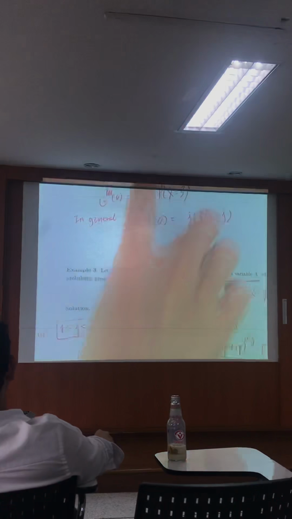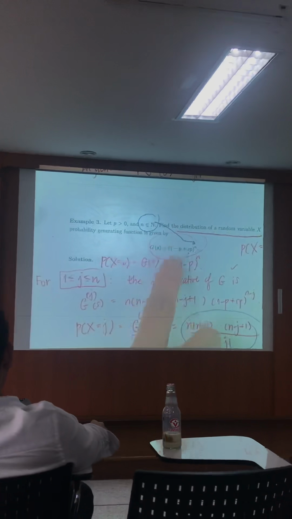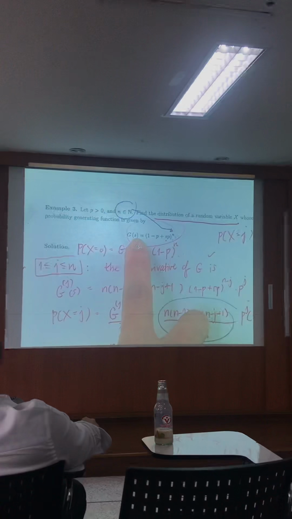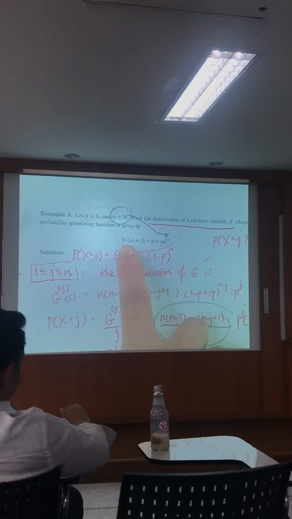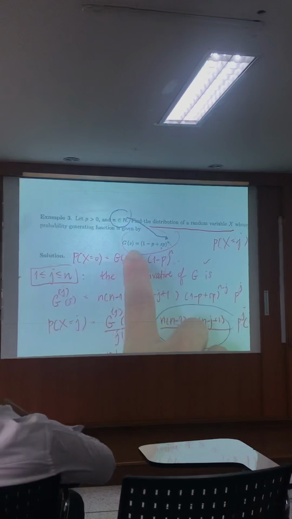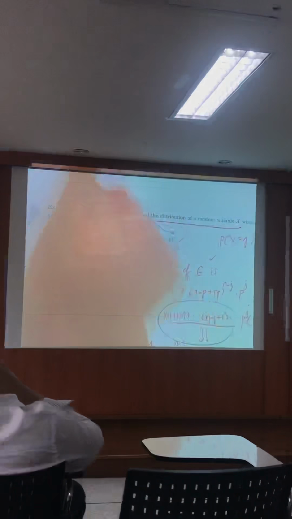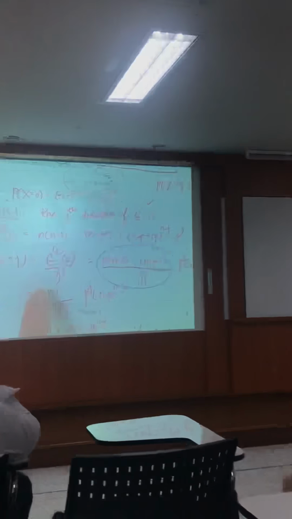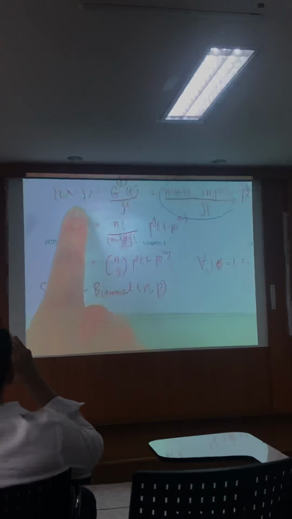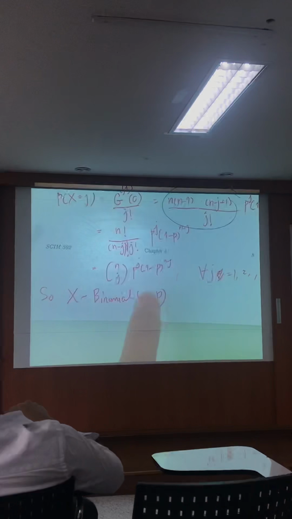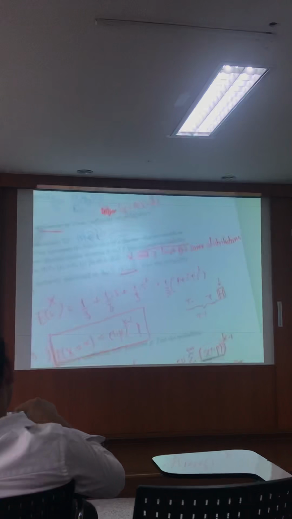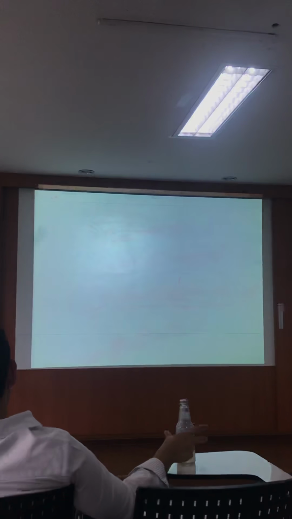We will not look at that. And then this example, you know that this is a PGF for a random variable X. Find X. So we just use fact 1 and then we derive that. In fact, the PMF is binomial. Okay? I think we stopped there yesterday.